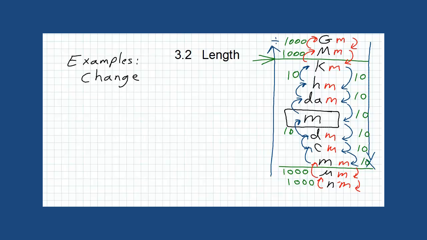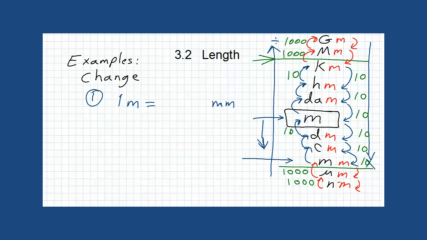Example: change 1 meter to millimeters. Looking at the table to the right, meters is here, and we want to go to millimeters. So we are going down because we are changing from large unit to small unit.